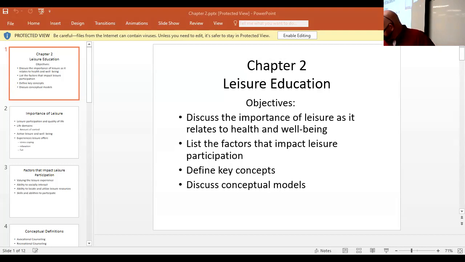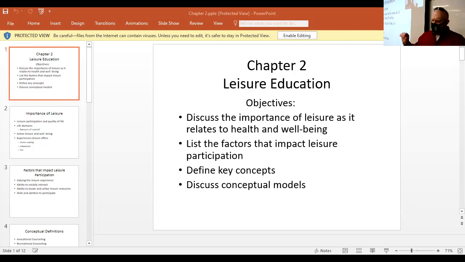But anyway, what we're going to talk about today, chapter 2, is leisure education. When we're talking about providing activities for our clientele, that's what this course is about. How do we provide meaningful recreation therapy activities to our patients or clients?